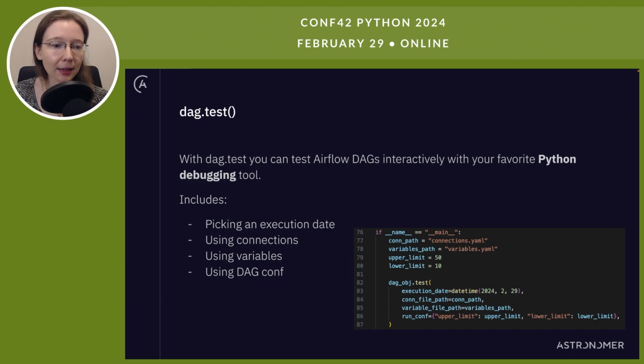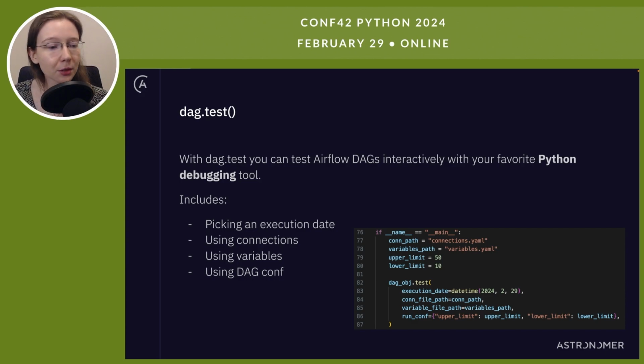That makes the DAG interactive, and then you can run that file with a debugging tool, but you have additional options. So if you want to, you can say, well, I want to run this DAG for a specific date. If you're worried about your DAG breaking on the 1st of January, if you're doing a lot of logic around datetimes, it's definitely one of the worries on my mind with some of the DAGs that I'm writing sometimes, then you can just test it for that date.